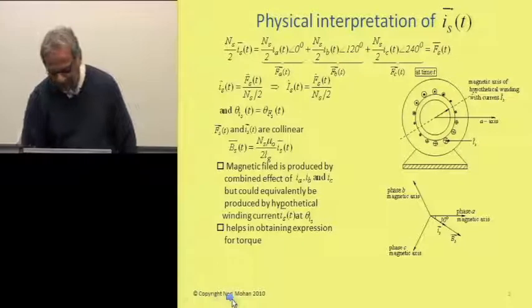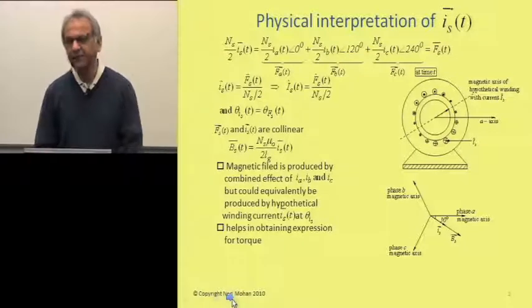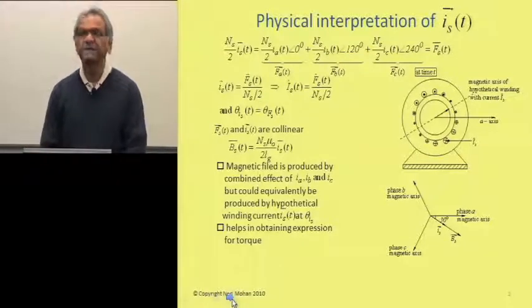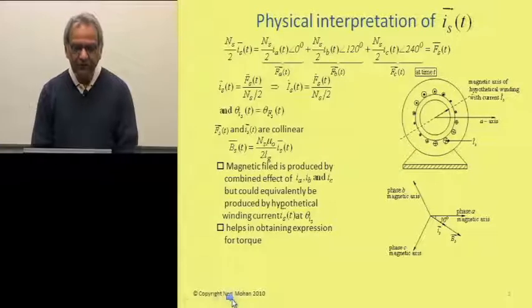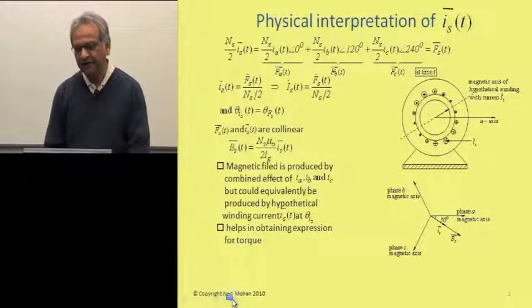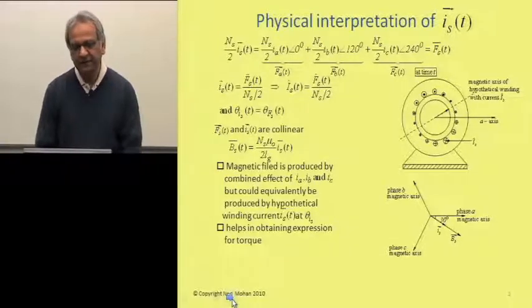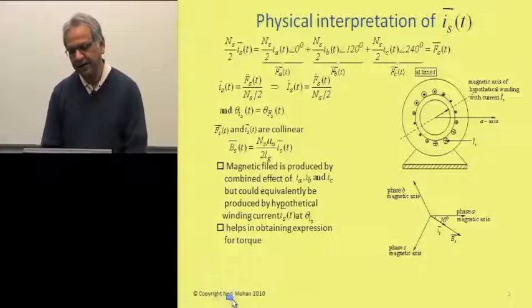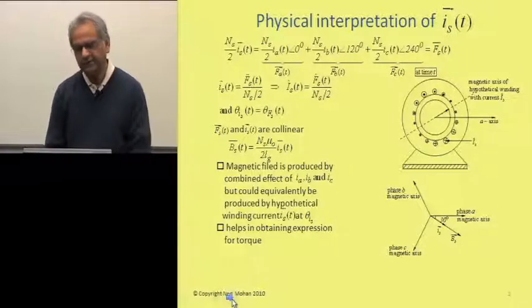So it's very useful to at least get the physical interpretation of the current space vector. To do that, we will multiply this current space vector definition from the previous slide with the number of turns in each phase, n sub s, by 2.